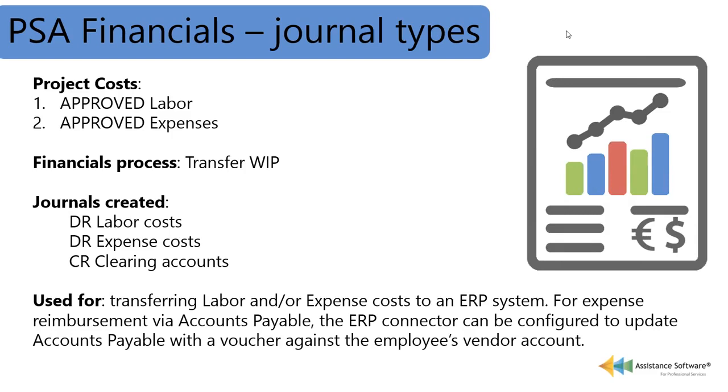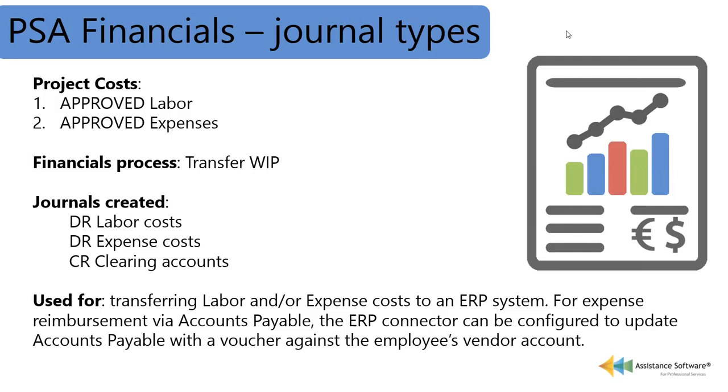Where it goes into the ERP would depend on whether expense claims are paid through payroll or paid through accounts payable. If it's paid through accounts payable, your data connector would need to feed the approved expense costs into accounts payable in order to create a liability voucher so that checks can be cut for reimbursable expenses back to the employees that have submitted the expenses.